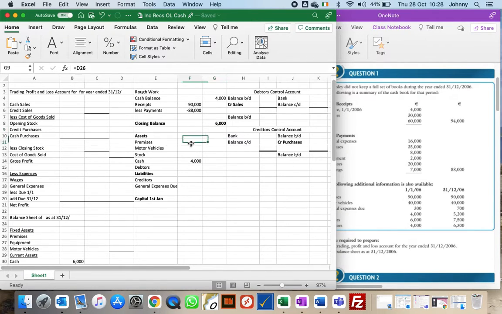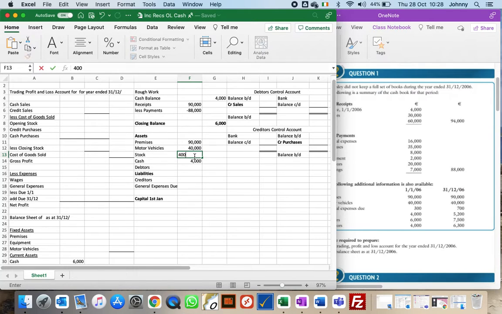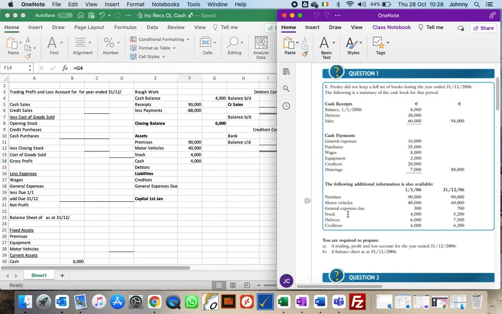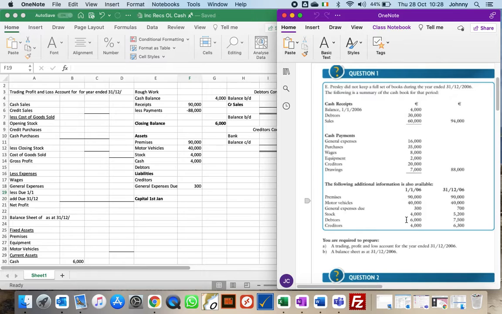We had premises of 90,000. We had motor vehicles of 40,000. We had stock of 4,000. We had the cash figure of 4,000 as well, which isn't mentioned in this list. We need to include that in. General expenses due, that's a liability, so I'm going to put that in with the liabilities. Debtors and creditors: debtors is 6,000, creditors is 4,000.